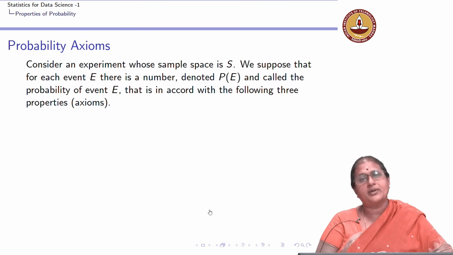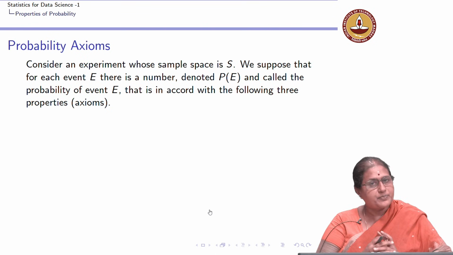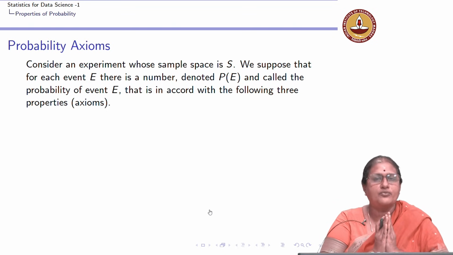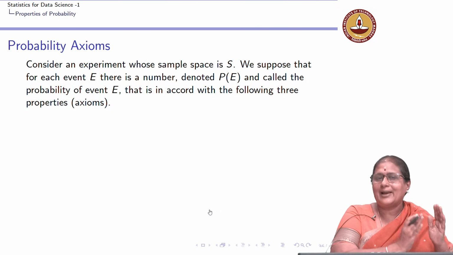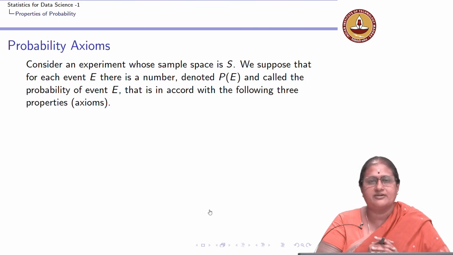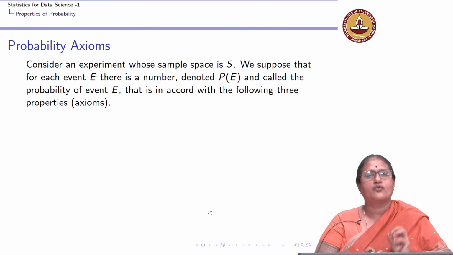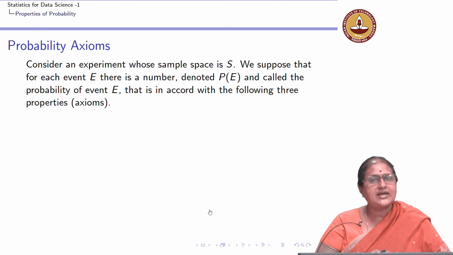Going deeper into the mathematical framework is beyond the scope of this course, but we are trying to give you the foundations that are essential to help you understand the statistical inference course. So, what are the axioms, popularly referred to as the probability axioms?